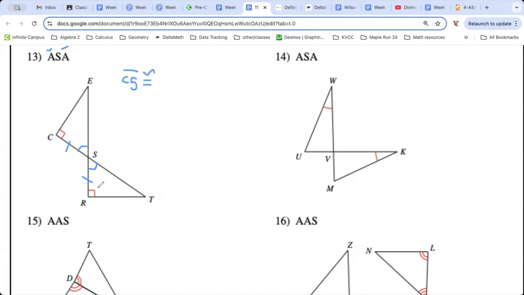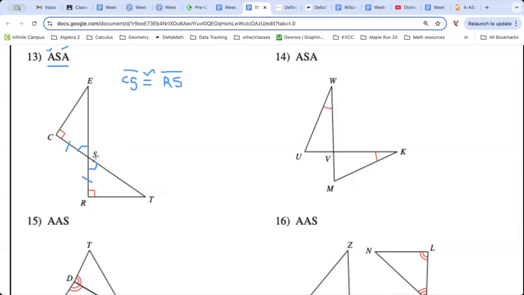C to S is congruent to the line segment R to S, then we will have angle, side, angle from both triangles. Then we would have proven those two triangles are congruent. Okay. All right, very good.